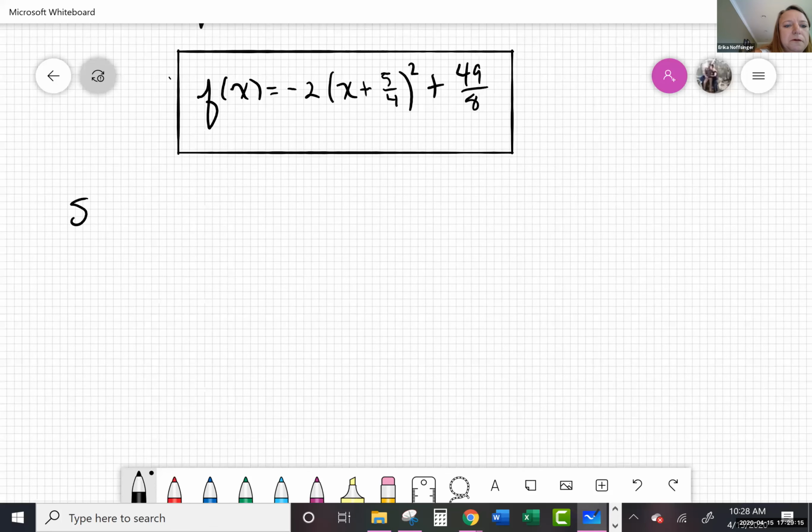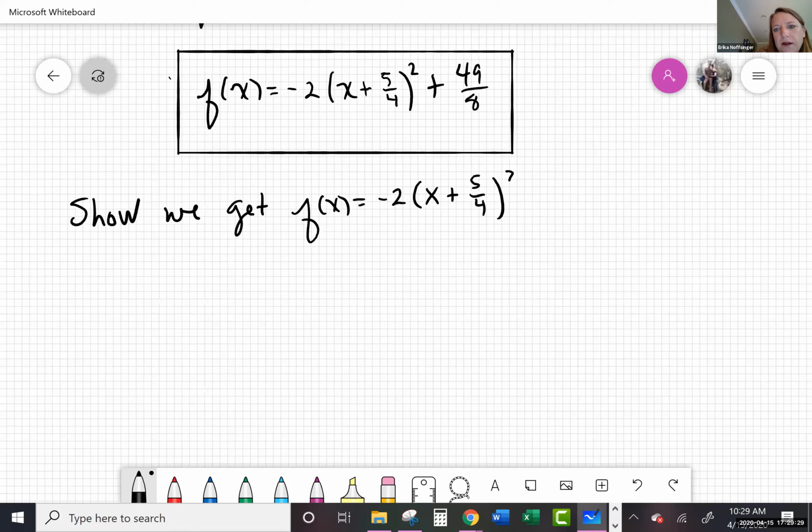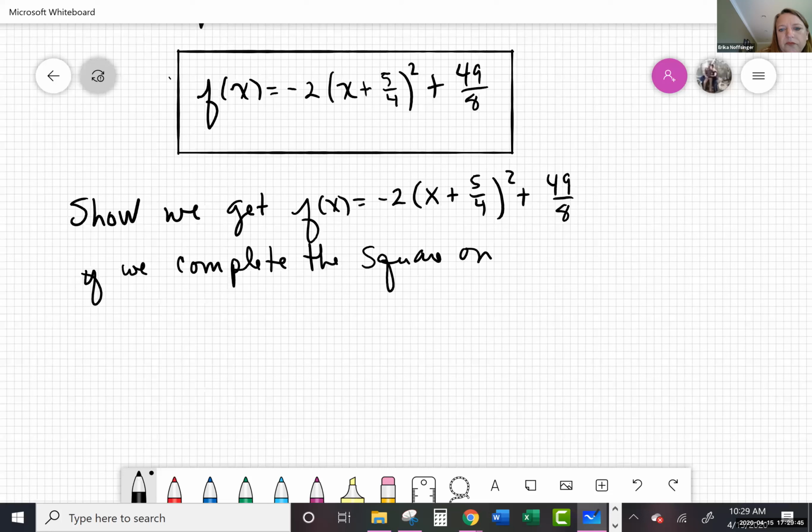So let's show. We get f of x equals -2 all times x plus 5/4, quantity squared, plus 49/8. If we complete the square on f of x is equal to -2x squared plus 5x plus 3.